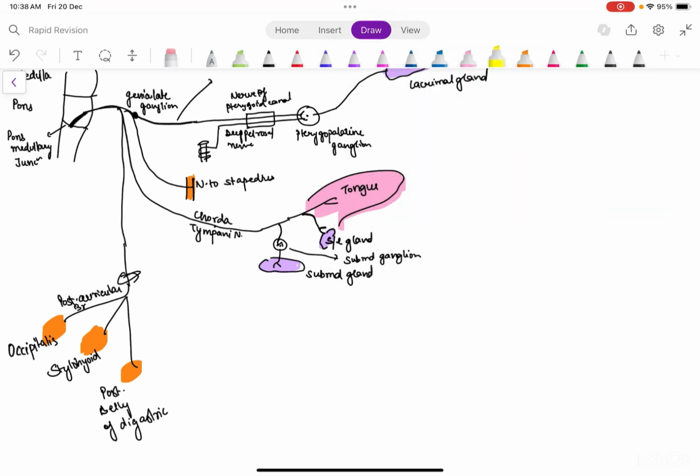Now you need to know that during all this there will be one more branch, all these are sensory. Now there is one branch which is going to go like this. Sorry for the bad diagram.